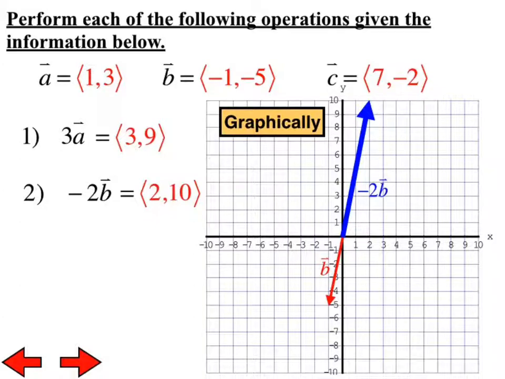This is saying that vector B should be twice as long, but one way of thinking of negative is opposite. So basically, this is telling us to draw vector B twice as long, but in the opposite direction. And when you look at the graph, that is exactly what is going on.